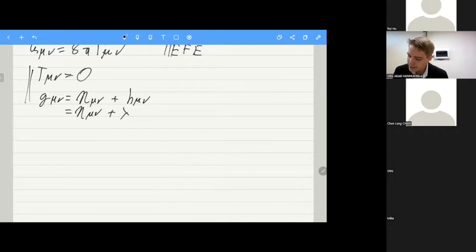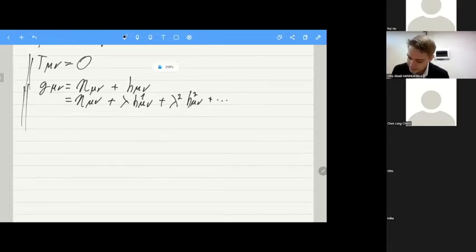So essentially what we need to do is expand this in terms of a perturbative expansion where lambda is a small term. We have the first term, we have the second order correction, and so forth. People have probably done this in any QM course, but just with the metric tensors. We can do the same thing with the metric tensor.